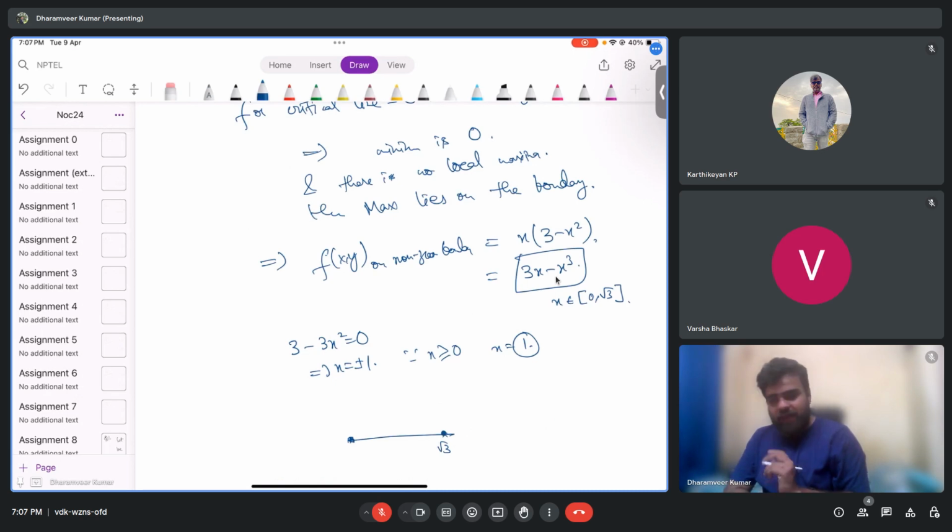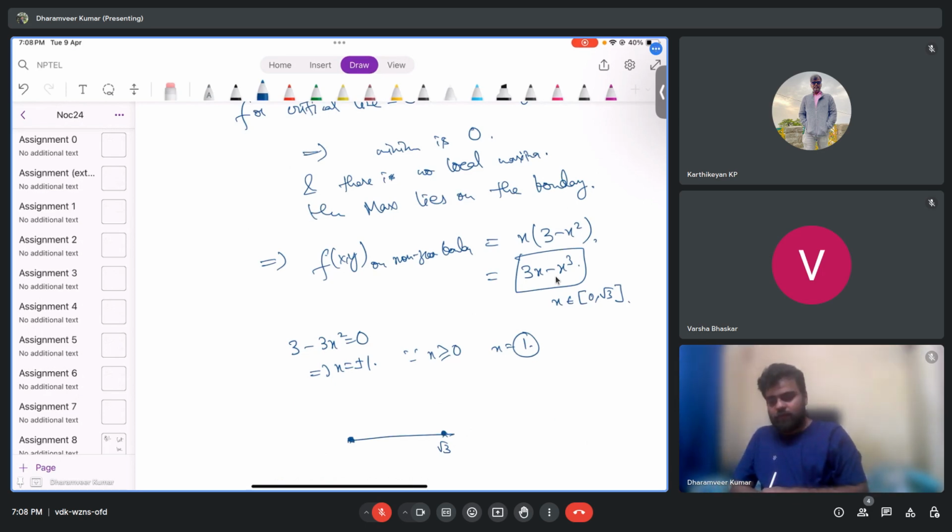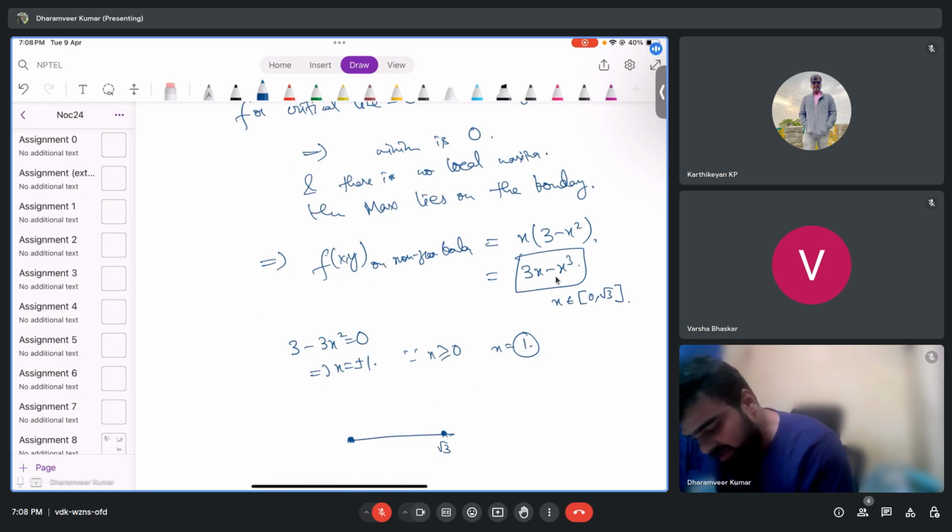At other places it's definitely positive. Something is happening critically, only at x equal to 1, so its function is something like this if you want to plot this.